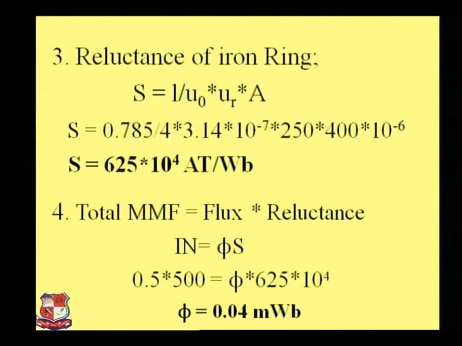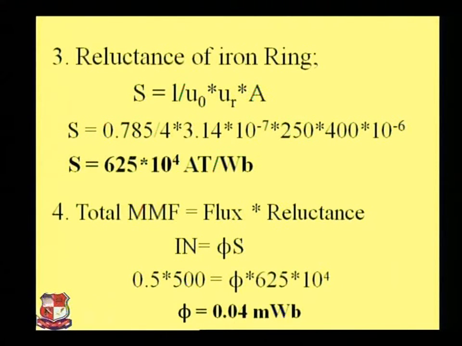The mu 0 is 4 pi into 10 raised to minus 7. This is the equation for mu 0. So now put the values: 4 into pi 3.14 and 10 raised to minus 7, into 250, into 400 into 10 raised to minus 6. This is the area given to us. So ultimately our reluctance becomes 625 into 10 raised to 4 AT by Weber.